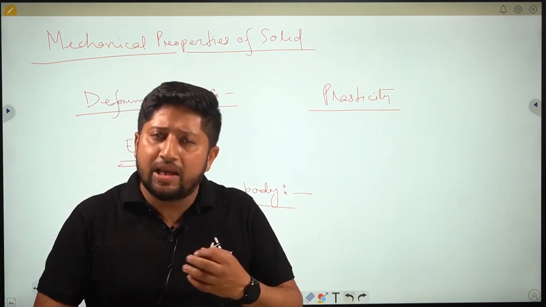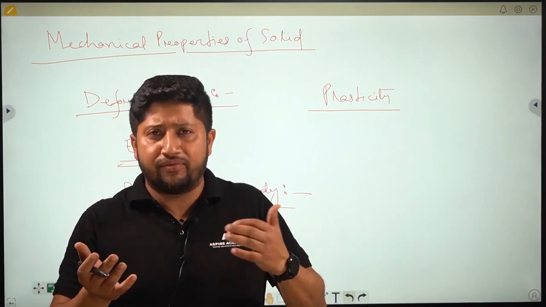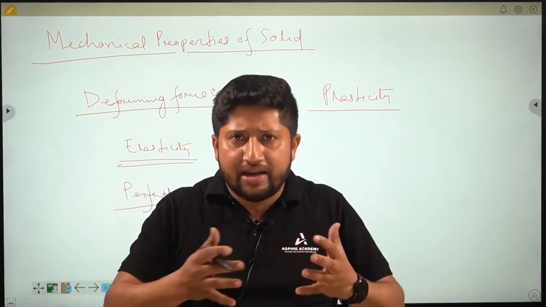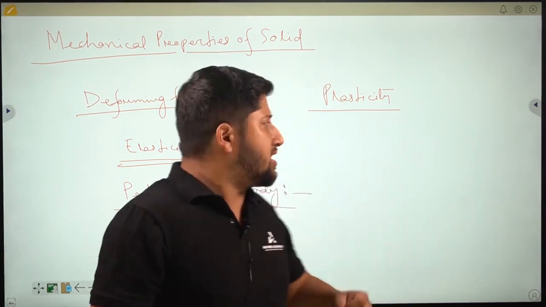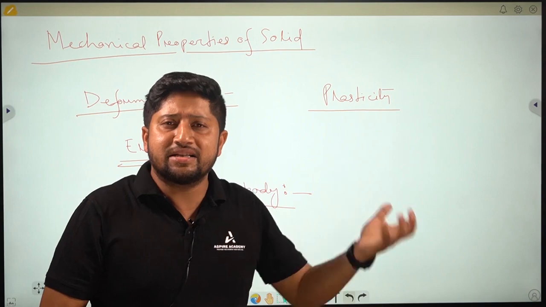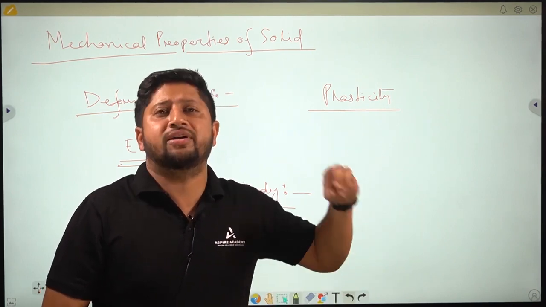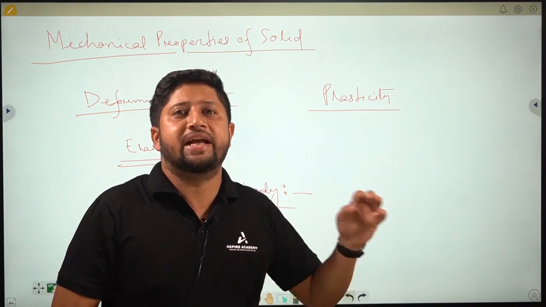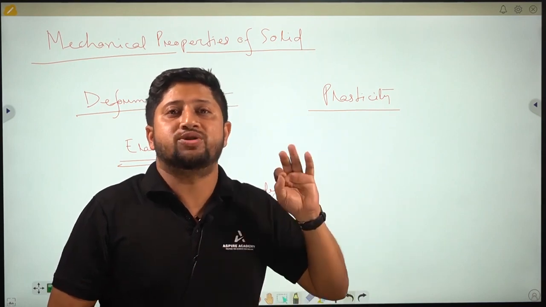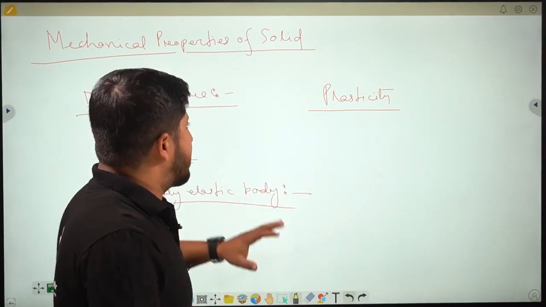If we remove the deforming force, does it regain its original shape and size? No. If we apply a deforming force on a body, it changes its shape and size, but after removal of the deforming force, it cannot regain its original shape and size. This is called plasticity.